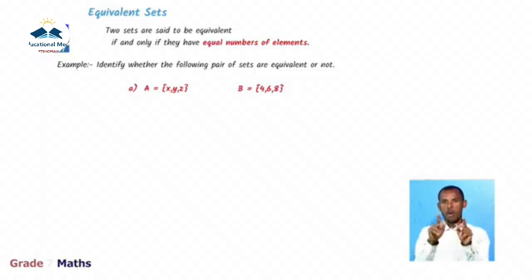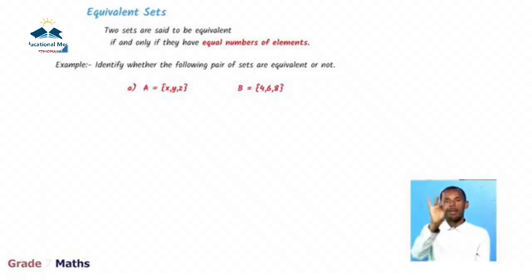Okay. Set A contains the elements X, Y, Z, and set B contains the elements 4, 6, and 8. Are these two sets equivalent? Let's see the answer together.